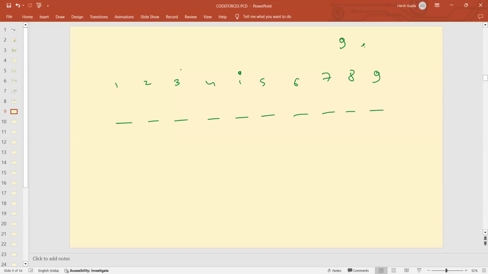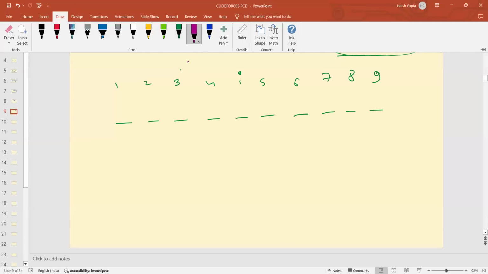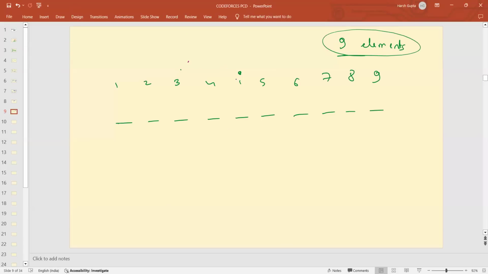In total, you have 9 elements. So if I am talking about what is the total summation of squing values in which my value of i is this particular index?